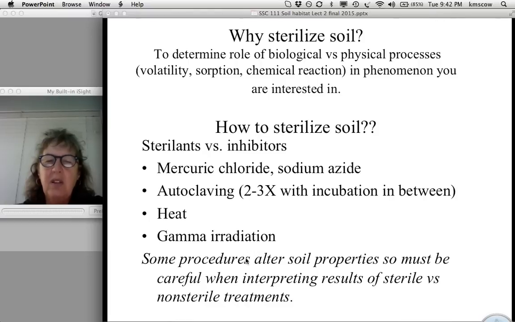But anyway, you can often go and set up your soil to be irradiated at these sources. So that supposedly has the least impact on the physical chemical properties of the soil, and is quite effective at removing organisms.